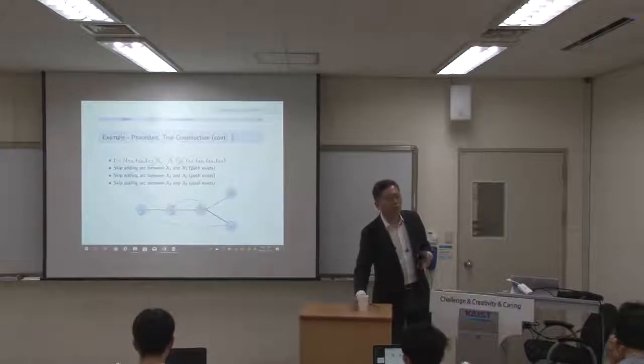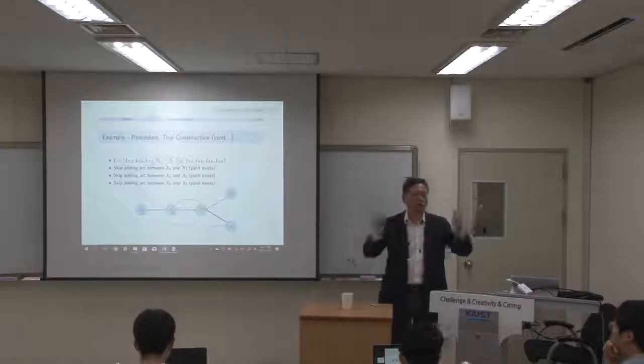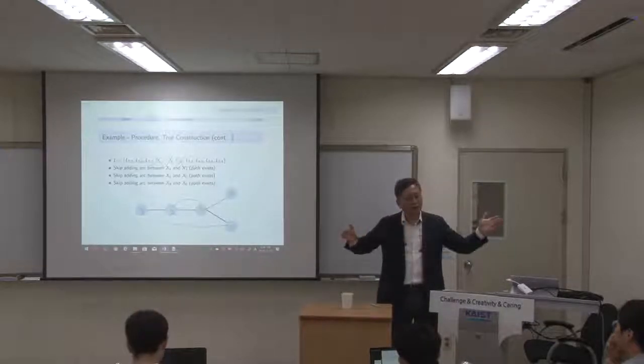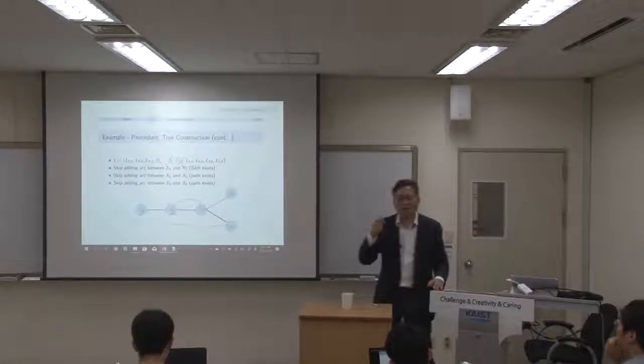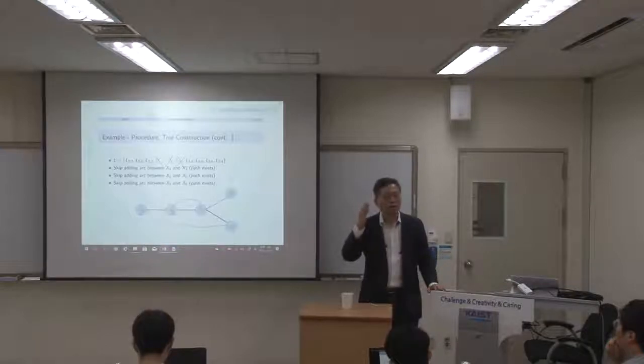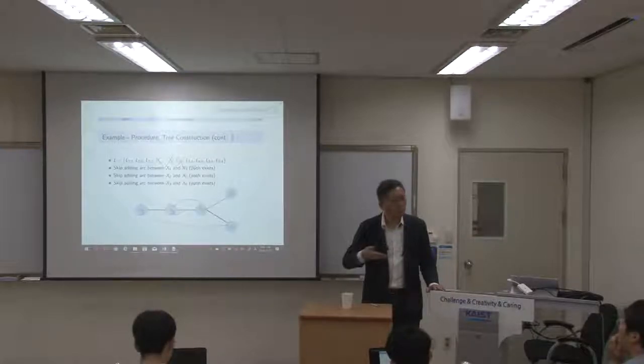Essentially what you do is you find all the mutual information, you rank it, and then you just link up. The only thing you have to remember as you link up is: is this a tree? If it's not a tree, then you skip. It's as simple as that. Very, very simple algorithm.